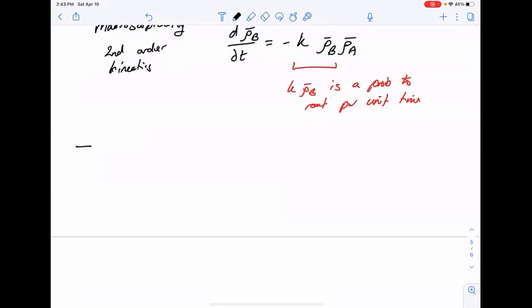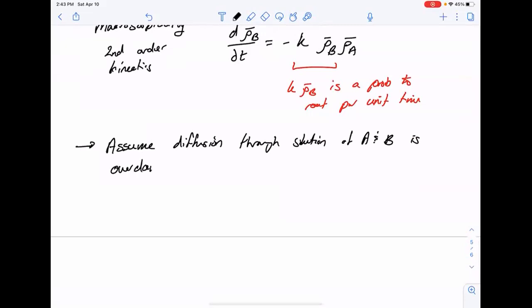So let's assume that diffusion is overdamped. So this is really happening in solution, not in the gas phase, where mixing is going to be largely fast. Motion will be ballistic in between collision events.